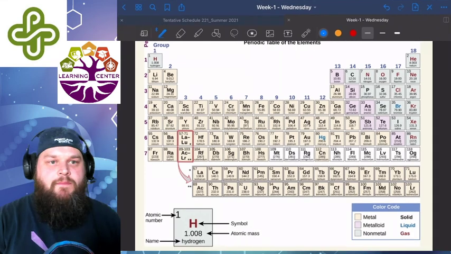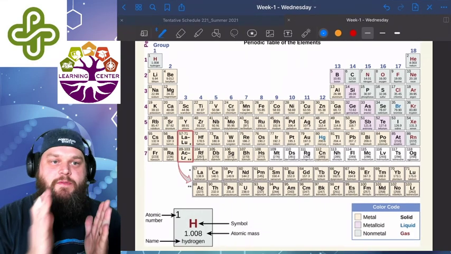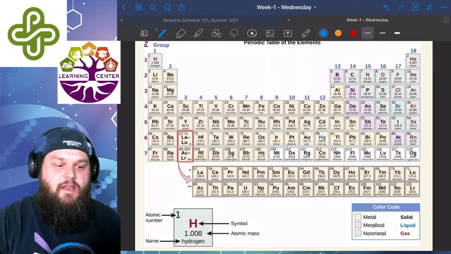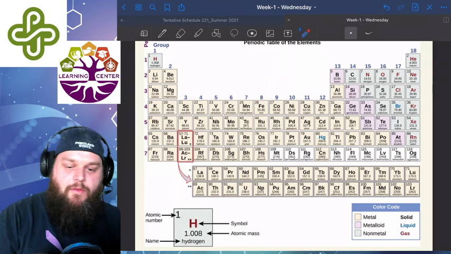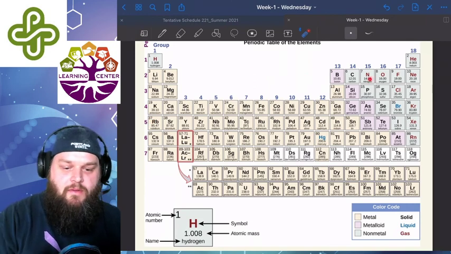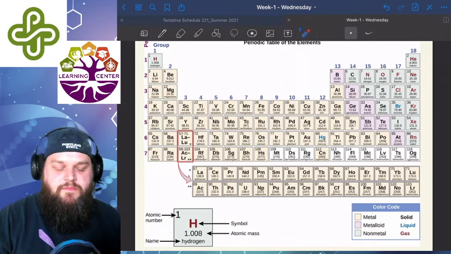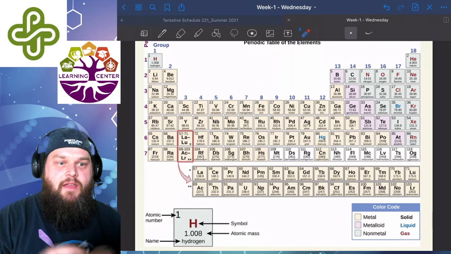The periodic table is set up in groups, columns you could say, with Group 1 on the left side and Group 18 on the right-hand side, and different periods going down this way. Common elements are grouped together in different ways.